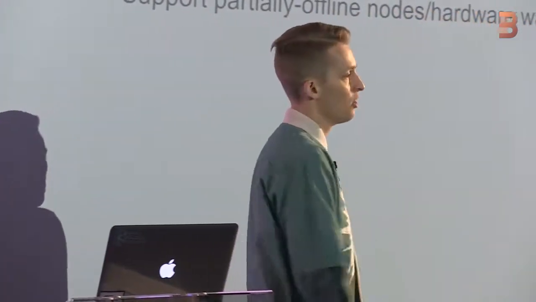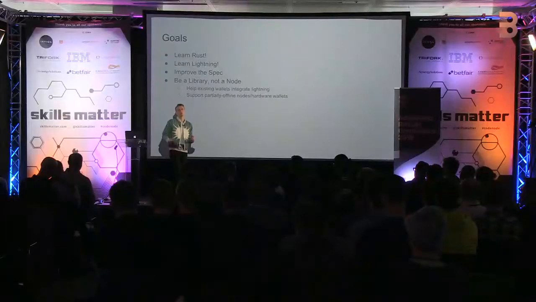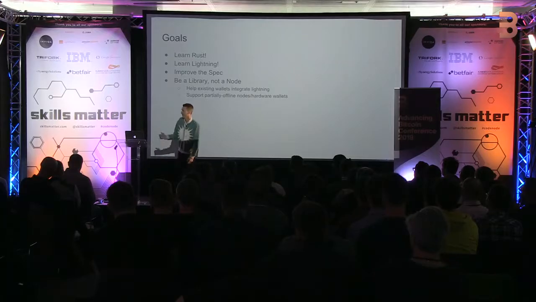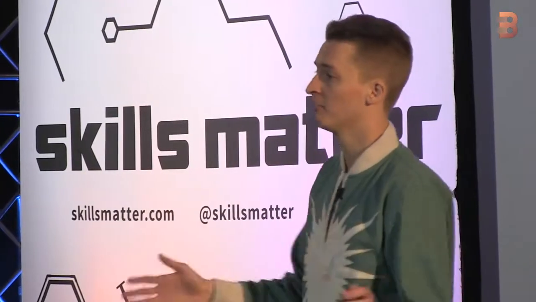So the key, at least initial, supported use cases are, first of all, existing wallets. We have this big ecosystem of Bitcoin wallets out there. Most of them don't support Lightning, because how would they have supported Lightning a year ago? And how are they going to integrate Lightning without starting completely from scratch, getting all of these protocol details correct, and doing a ton of work to make sure they handle every possible edge case in Lightning correctly?